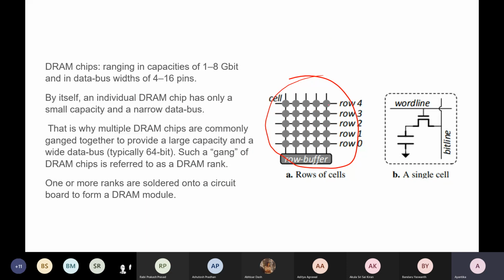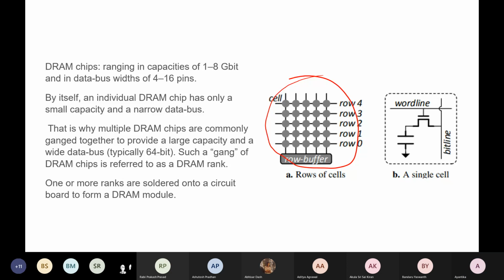They are very closely placed cells. When we place them closely and perform read and write operations, there is some flip side to that, and this attack exploits that flip side. We will see that step by step.